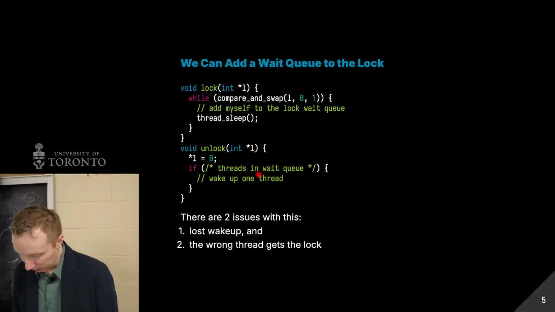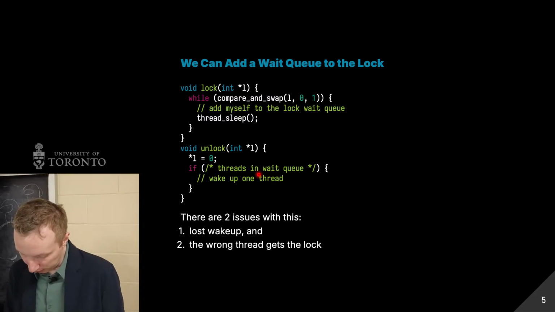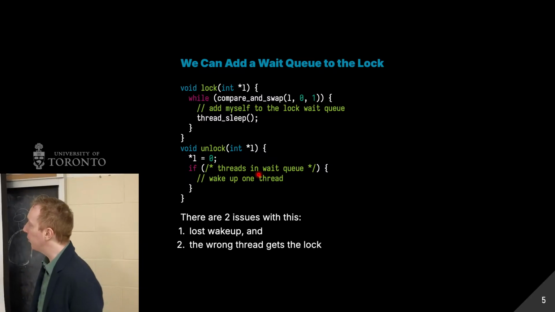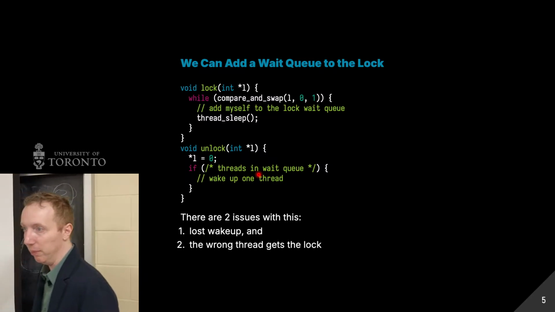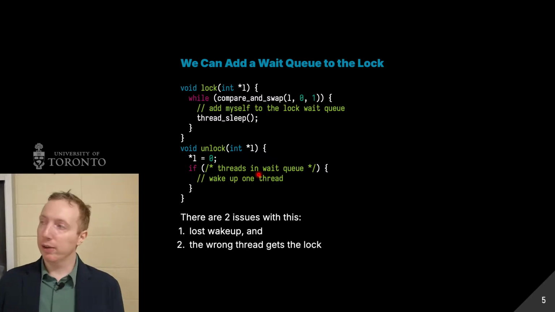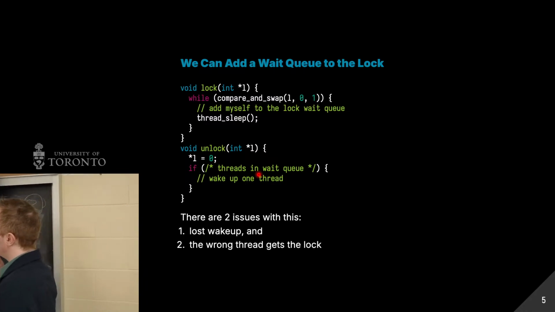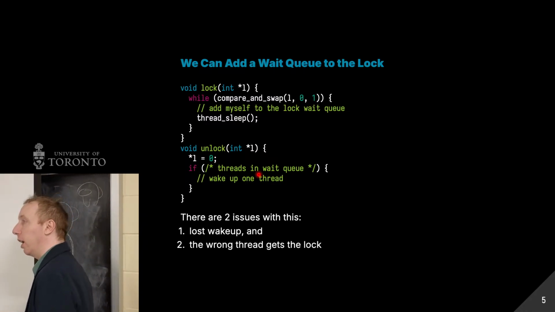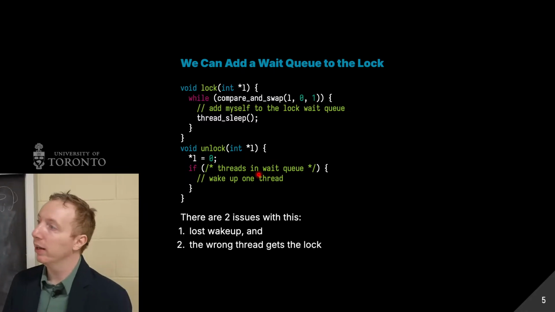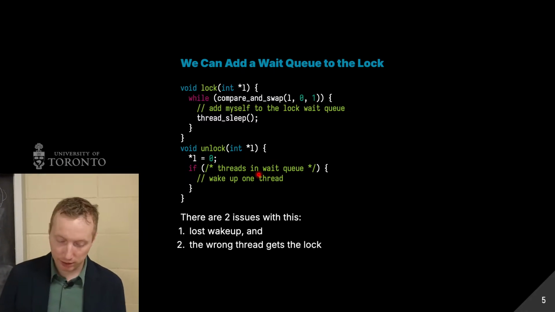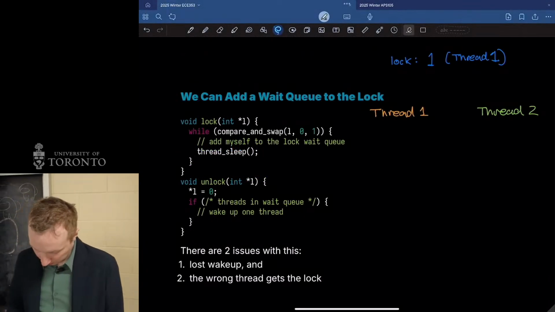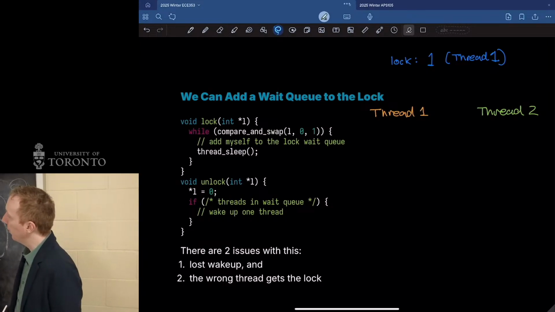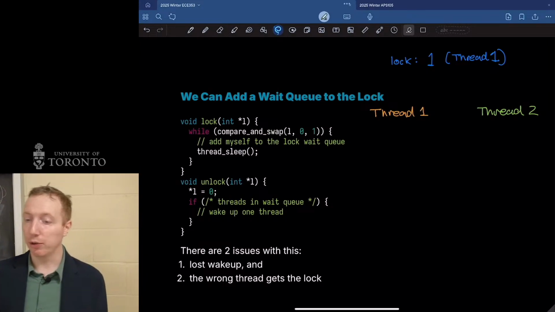There are 2 actual issues with this implementation, and we should be able to reason about them. In this course, we're just assuming a single thread. What is an interleaving of 2 or more threads that causes an undesirable output? In this case, there are 2 issues. One is called a lost wake up.